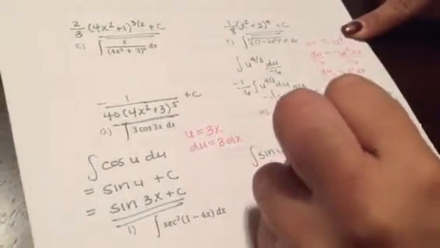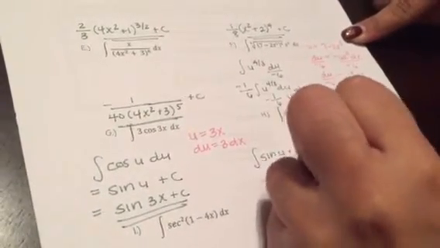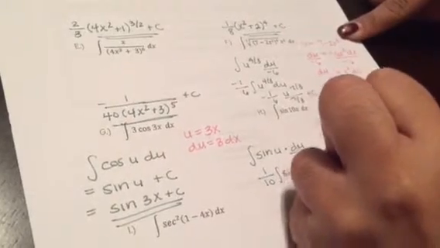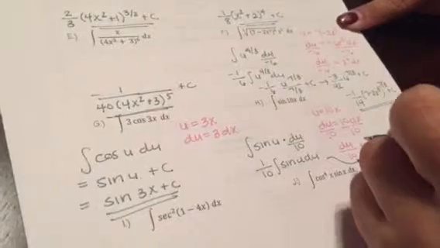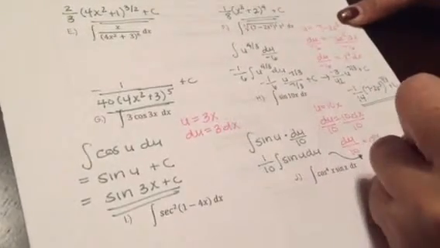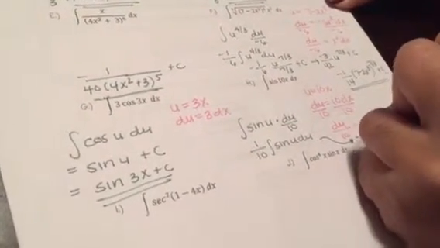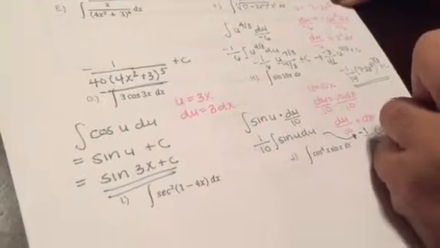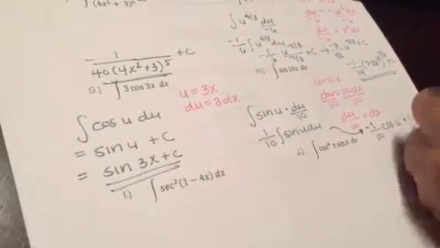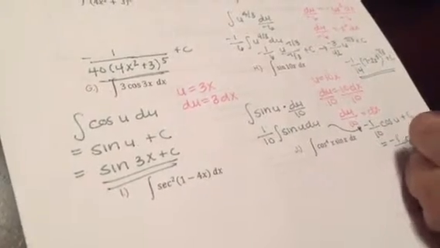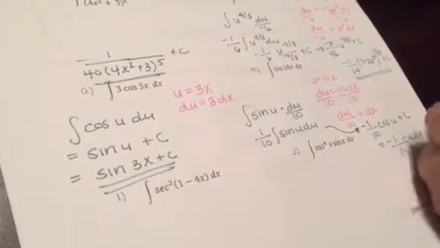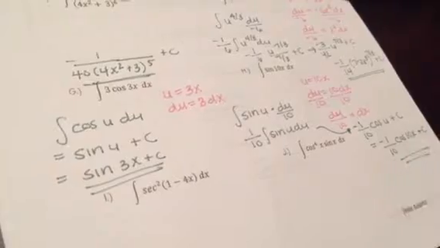Pull out the constant, which is 1/10. Integral of sine u du. Integrate it, which gives you negative 1/10 cosine u plus c. And that's just negative 1/10 cosine 10x plus c.